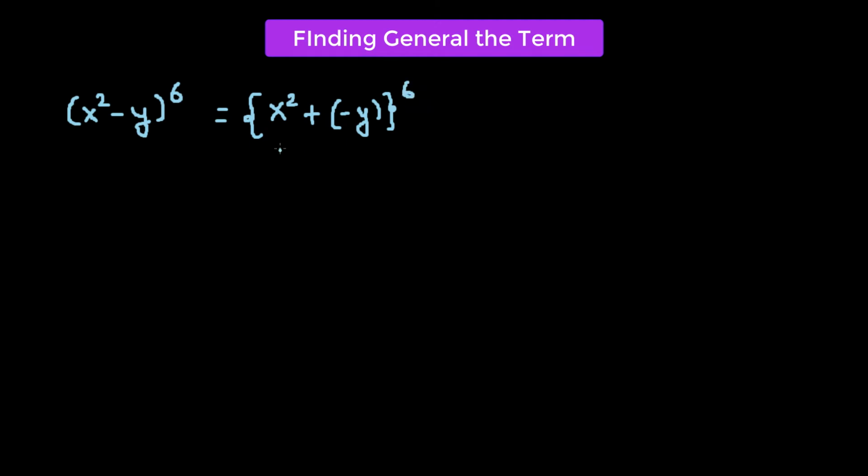The first term will be a, the second term will be b. So the general term, which is the (r+1)th term, is going to be equal to nCr. Here n is equal to 6, so we'll have 6Cr.